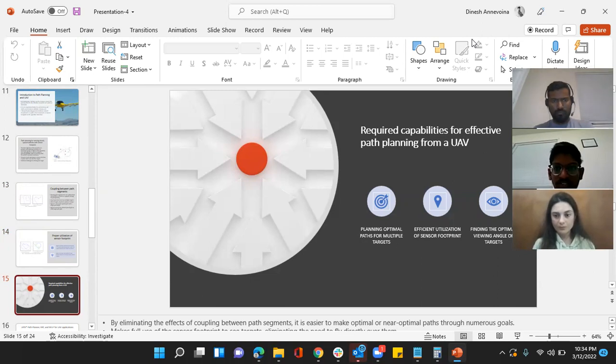Efficient utilization of sensor footprint means making use of sensor footprints to see the targets, so that we can eliminate the need to fly directly over them, and finding the optimal viewing angle of the targets, like specifying the scanning order of the targets. This will result in reducing the length of pathways, so that we can reach the destination in less time.